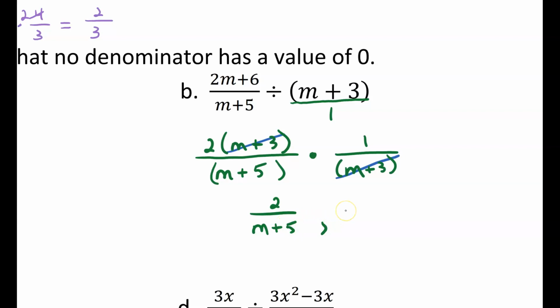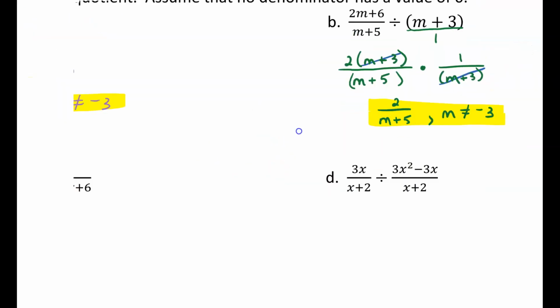Okay, I already know that m can't be negative 5, but what do I not know? M cannot be negative 3. Okay, pretty straightforward? All right.